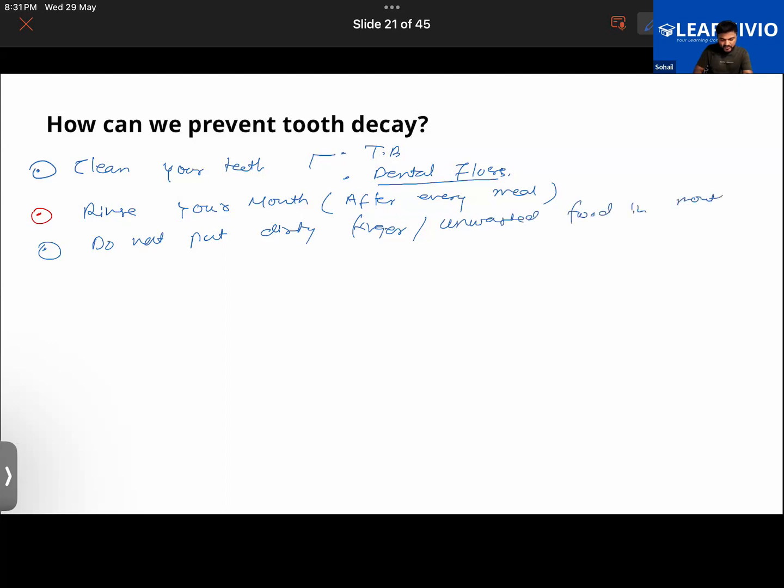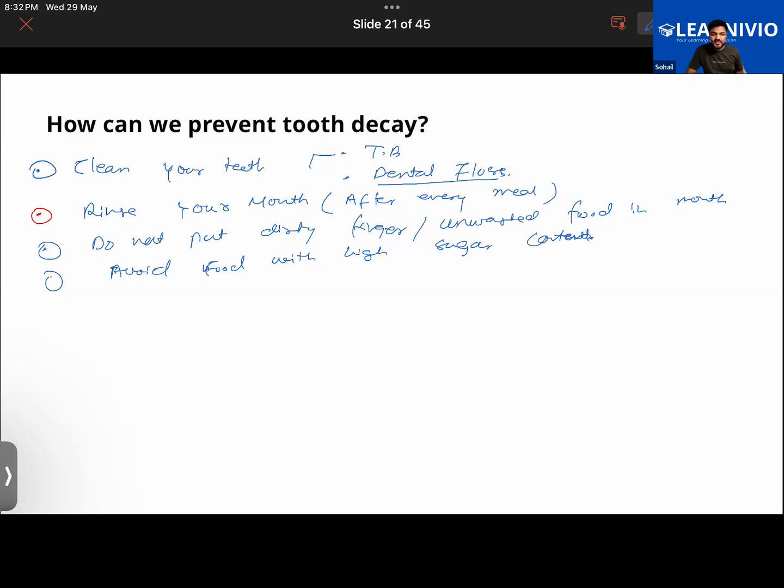The most important thing, avoid food with high sugar content. What are some examples of food with high sugar content? Chocolates. Cake. Good. Sweets. Right, so that is the thing.